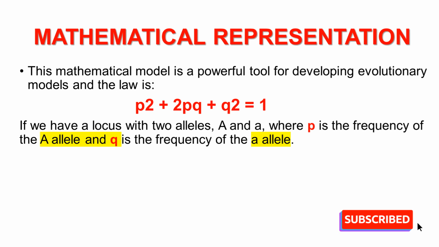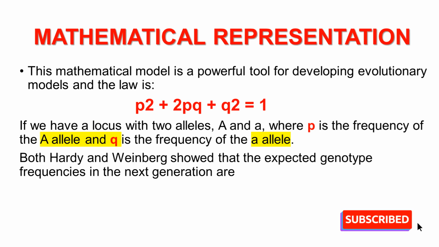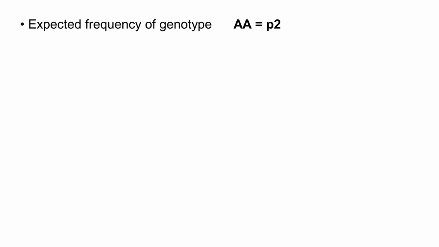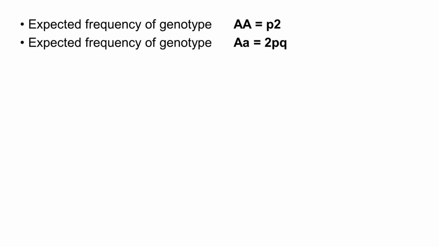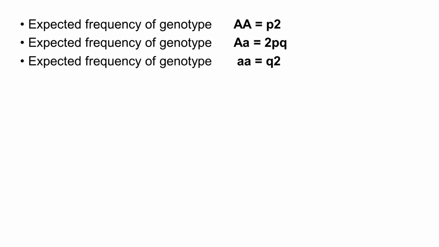If we have a locus with two alleles, A and a, where p is the frequency of the A allele and q is the frequency of the a allele, both Hardy and Weinberg showed that the expected genotype frequencies in the next generation are: expected frequency of genotype AA equals p². Expected frequency of genotype Aa equals 2pq. Expected frequency of genotype aa equals q².